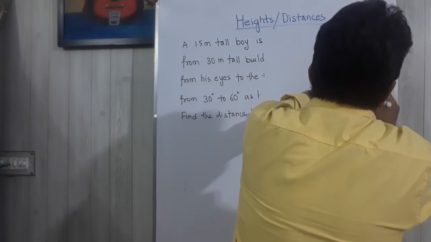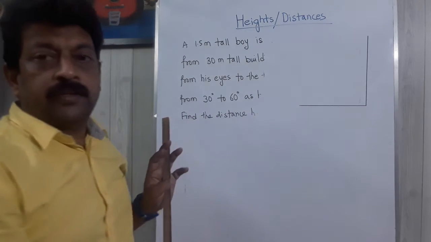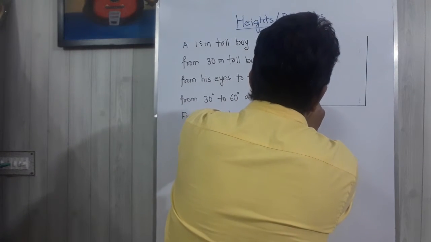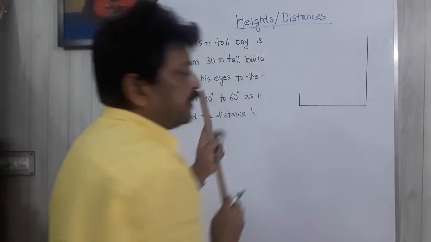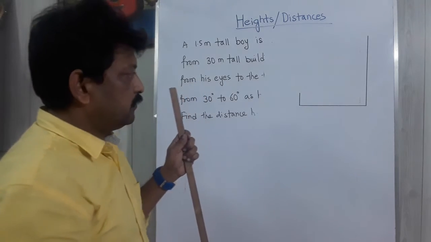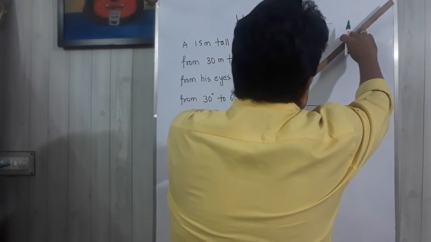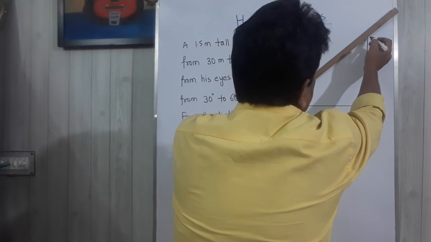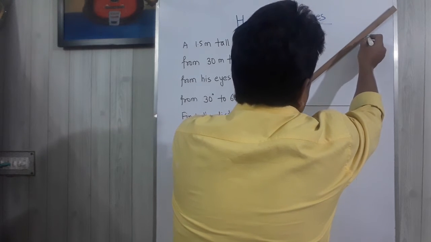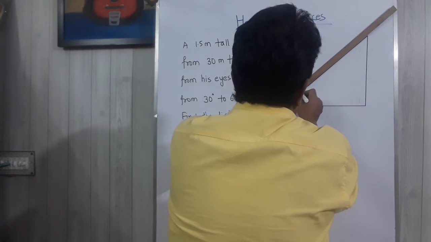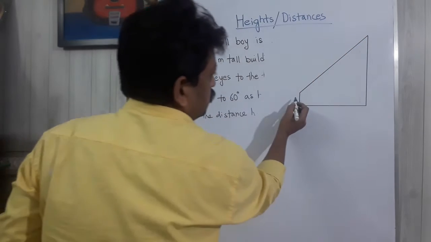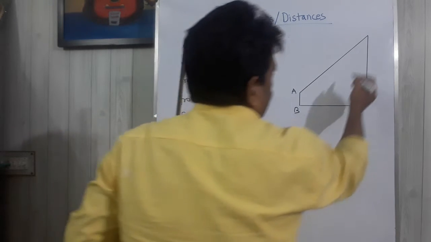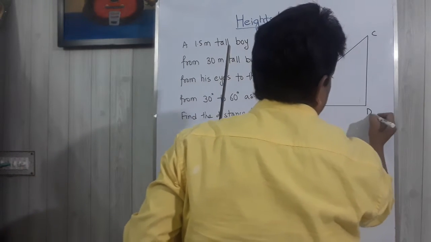This is the building whose height is 30 meter, and this is the boy whose height is 1.5 meter. Now from here the angle of elevation of the top of the building is 30 degree. Let me mark the boy as AB and the building as CD.